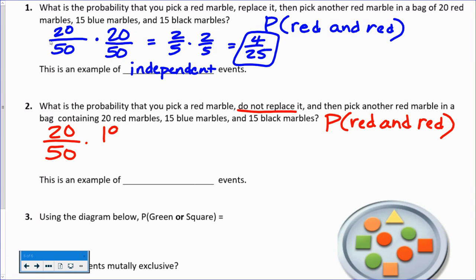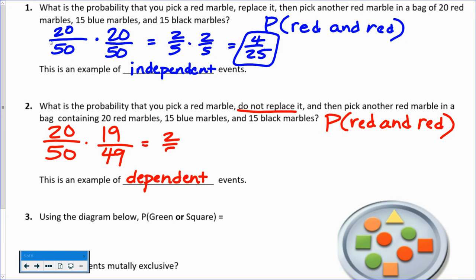So now I only have 19 red marbles remaining and 49 marbles altogether remaining in my bag. So this is now an example of dependent events. My second probability changed based on the first because I did not put that marble back.